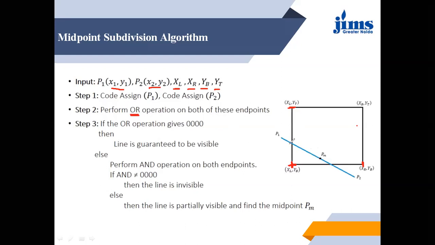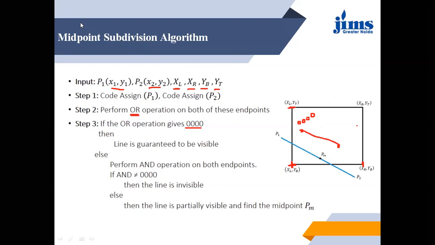And if the value of the OR operation is 0, 0, 0, for example, one endpoint of the line has region code 0, 0, 0, and the second endpoint, the region code for this point is also 0, 0, 0.